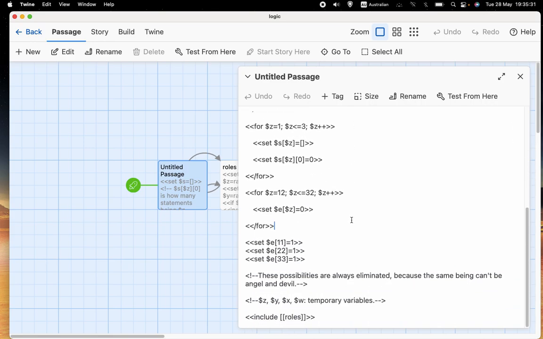The lowest possible number is 12, and the highest possible number is 32. So we have a for loop that goes from 12 to 32, and we set E[Z] to 0. There's a fair bit of wasted code here because as well as 12 and 13, it's going to do 14, 15, 16, 17, 18, and 19, and they're all not in use.